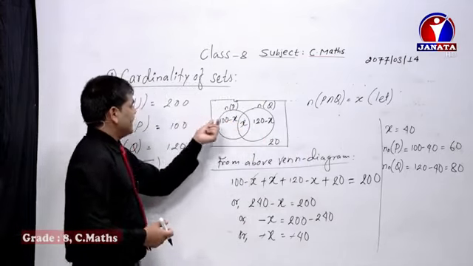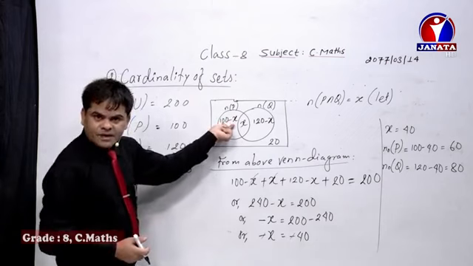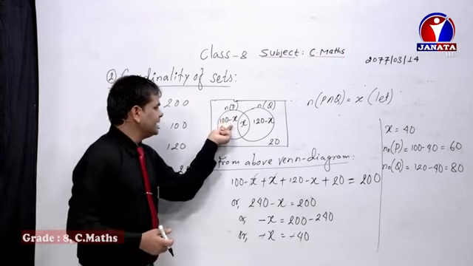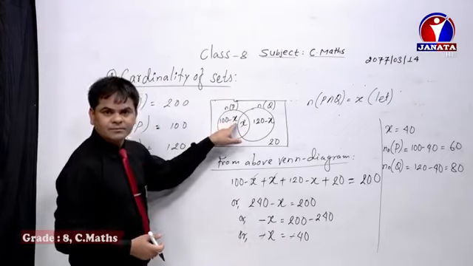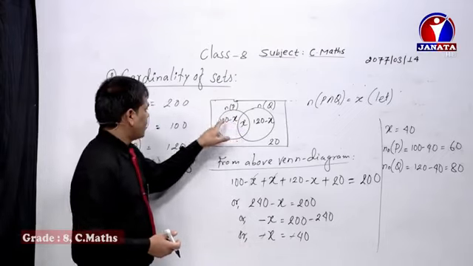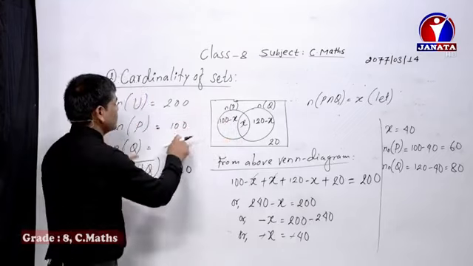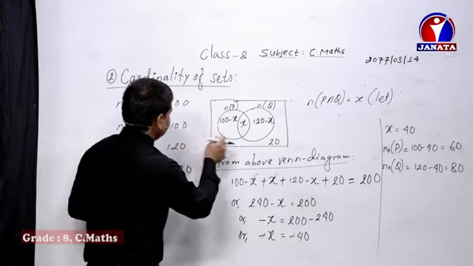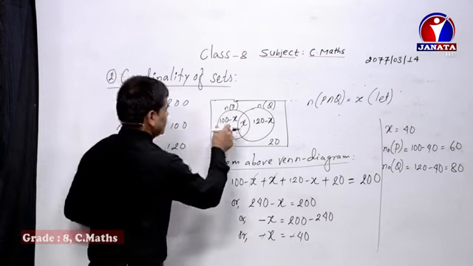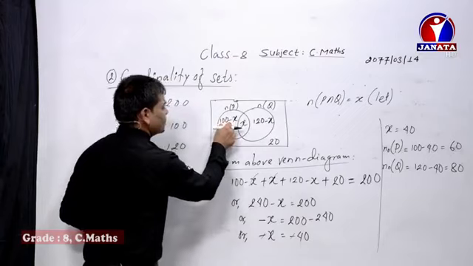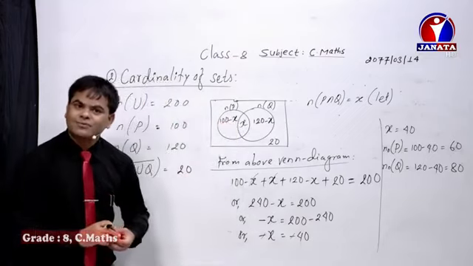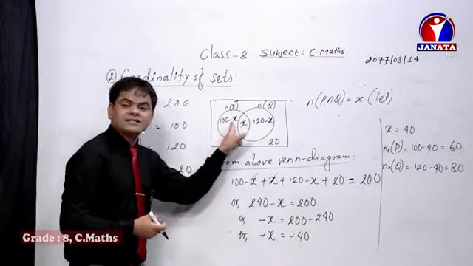Now, dear students, as this place belongs to P only, while making P only, we need to subtract the intersected value. So 100 altogether in the circle P, there must be 100. It represents 100 minus x and plus x. If we cancel these two, then of course the value remains 100. That's why we need to do minus x here.